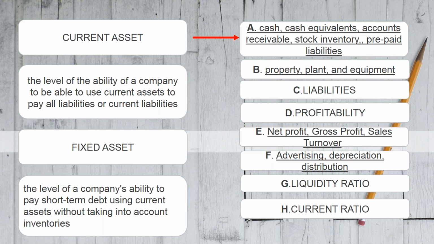Number two, the level of the ability of a company to use current assets to pay all current liabilities. Which one? I think it's current ratio. Okay, right. Next is fixed asset.